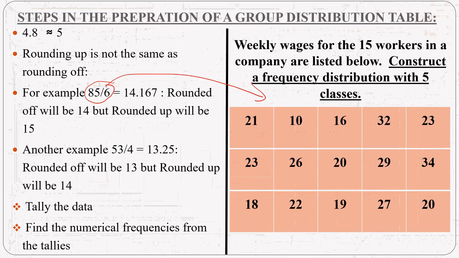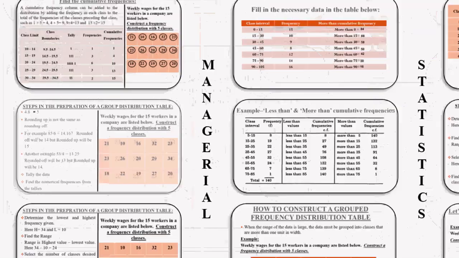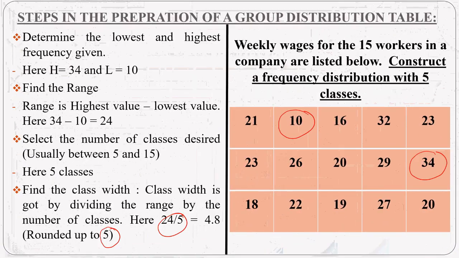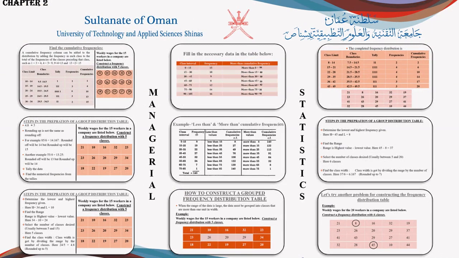As you can see, we found the range, and the question is asking for 5 classes. So the class width we identified, rounding here, is 5. This we have to keep in mind while solving the problem. Let us go back to solve the problem.